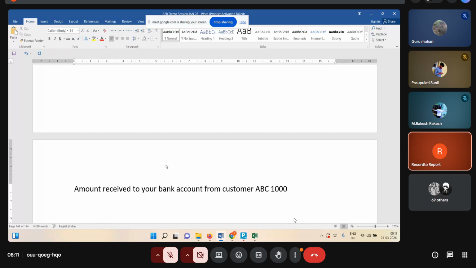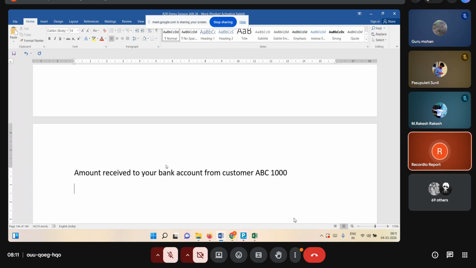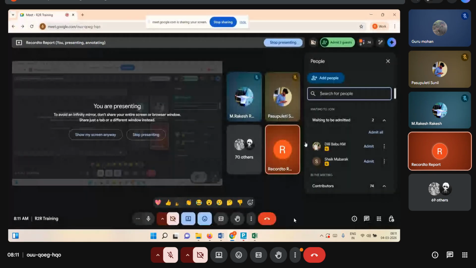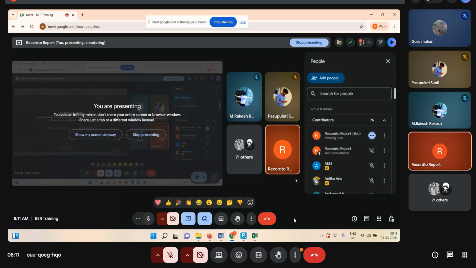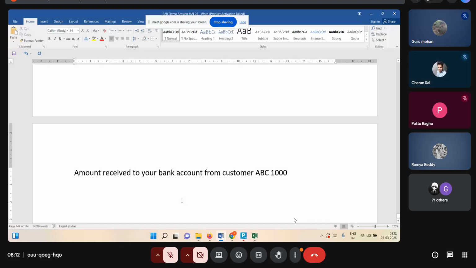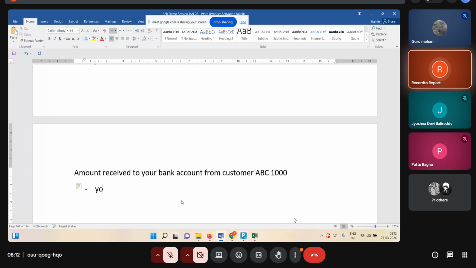What is the message you will get from a bank? Is it debited or credited? Credited. We will get a message stating that your account is credited with 1,000 rupees from the bank side.